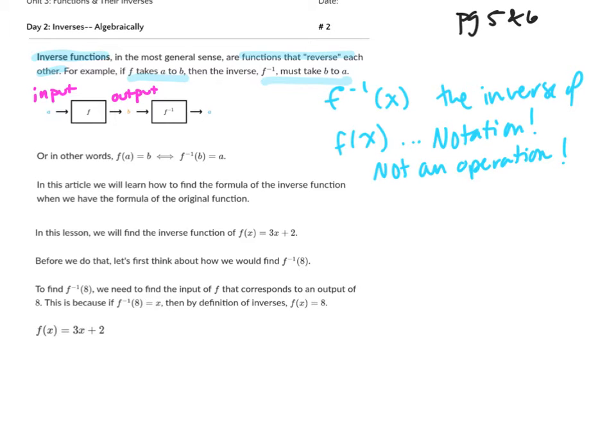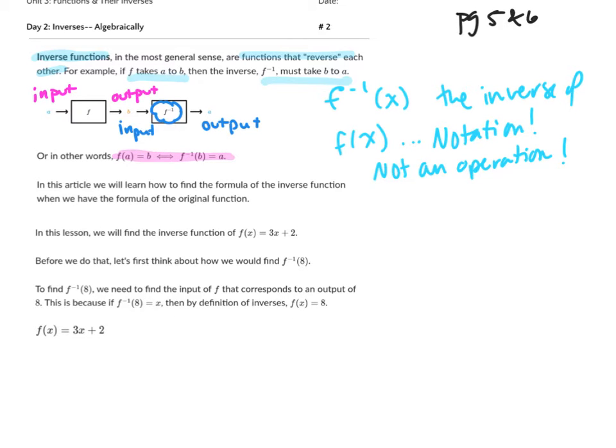And then my output becomes my input, because why not? So then I get a new output. So my inverse takes my original output and gives me a new input, which happened to be my original input.